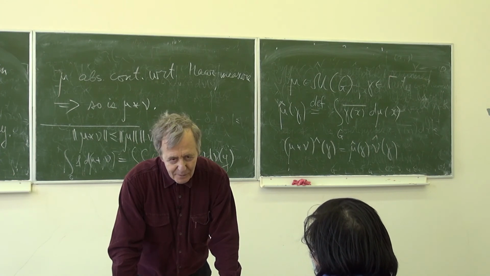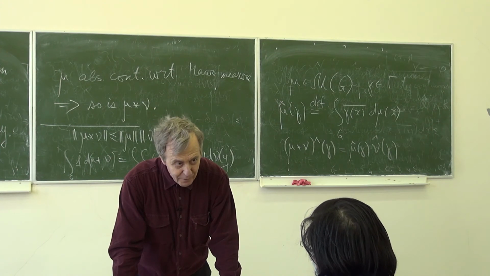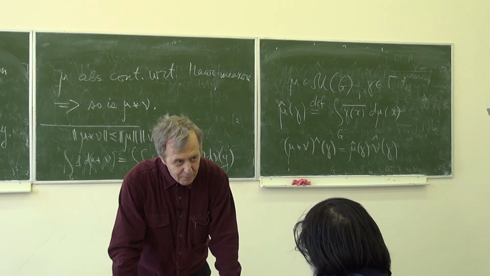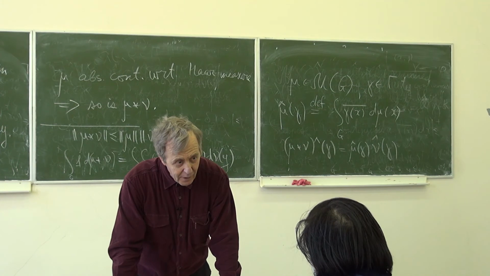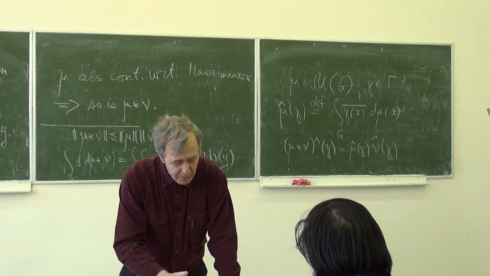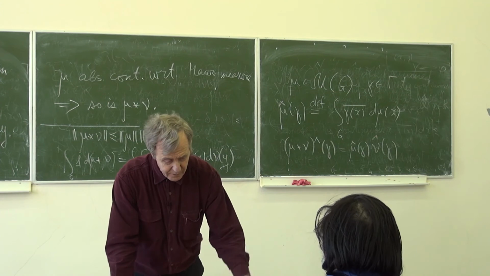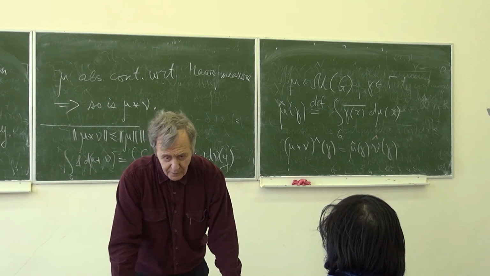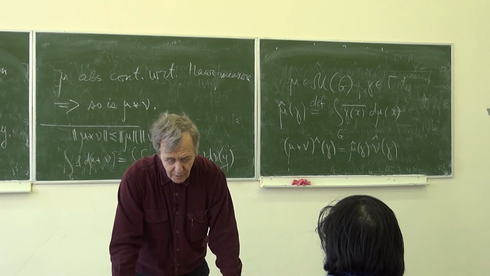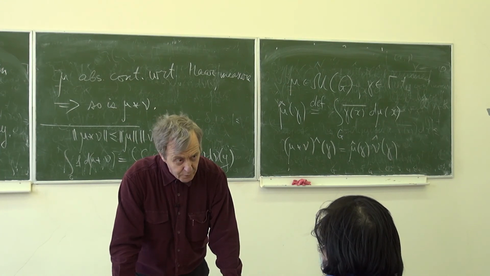Well, there is the so-called Tauberian theorem of Wiener, which says that if you have a function in L1 and its Fourier transform is separated away from zero, well, this applies only to compact groups, of course. There should be a unit. Then this function is invertible in the convolution algebra.